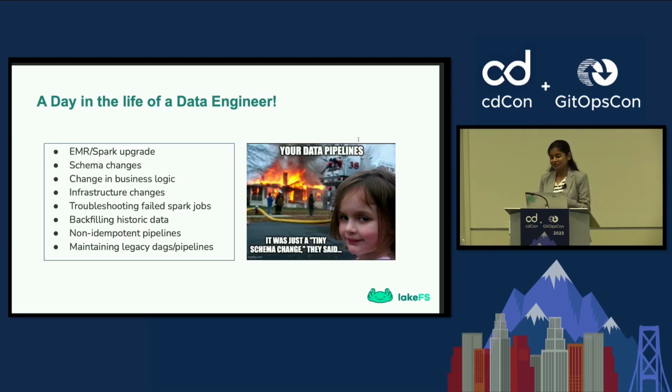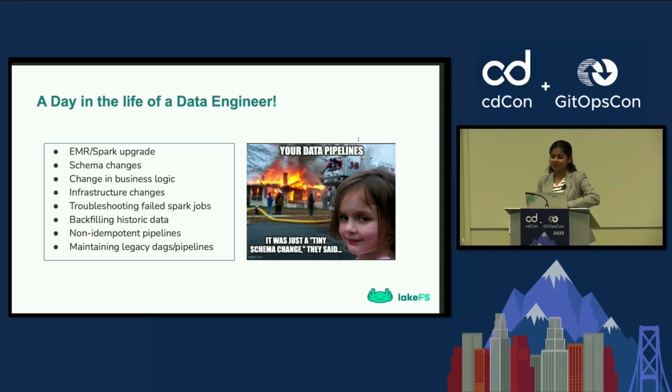And do I also need to talk about the legacy DAGs that none of us want to touch, but at some point we do have to make changes, at least to keep them running for a longer period of time. The changes to your data pipeline could be more than this, but this is only a limited list from my experience.